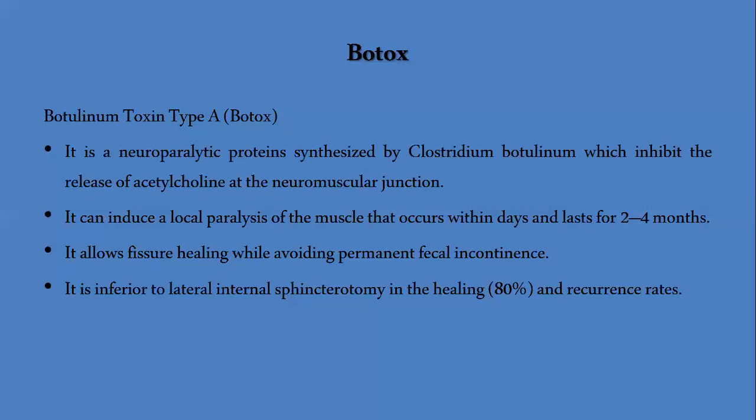During this period of time, this allows the healing of the fissure. Botox injection, however, is inferior to lateral internal sphincterotomy in healing and recurrence rate, but it has the value that it allows fissure healing while avoiding permanent fecal incontinence.